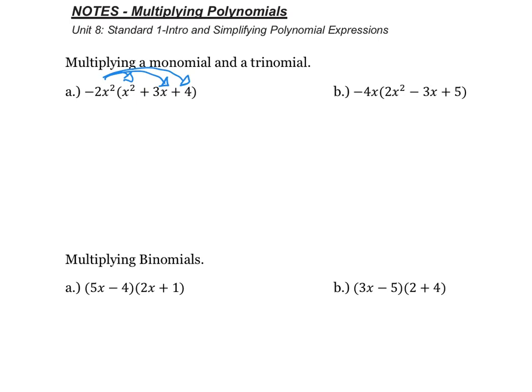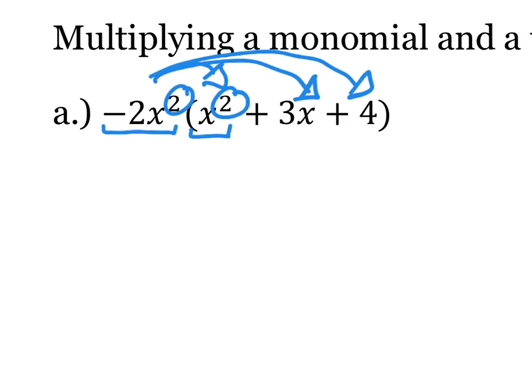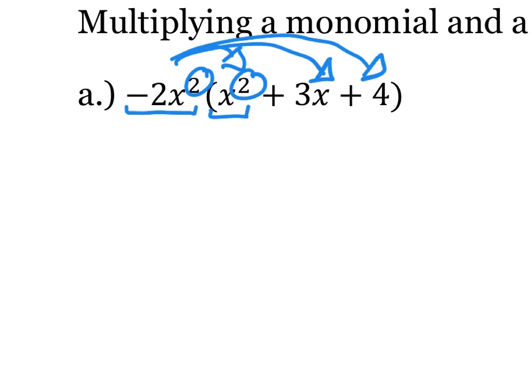The second thing you need to watch out for is a common mistake when students are multiplying together numbers and variables, right? We multiply the numbers together and we multiply the variables together by adding the exponents. So what's going to happen here, I do -2 times, well, let's zoom in even further here. This is a 1 out here.